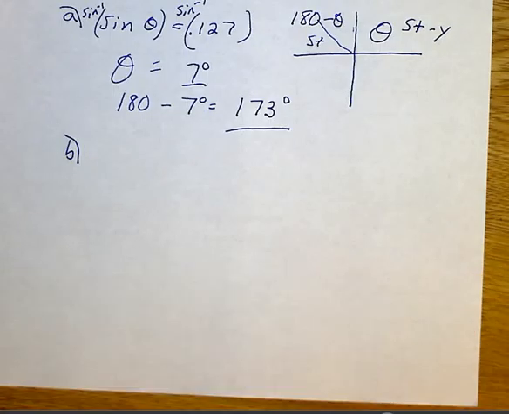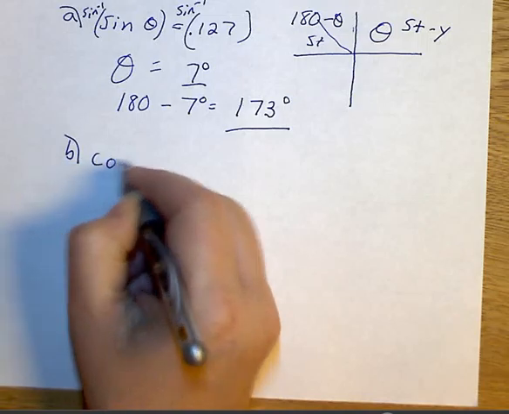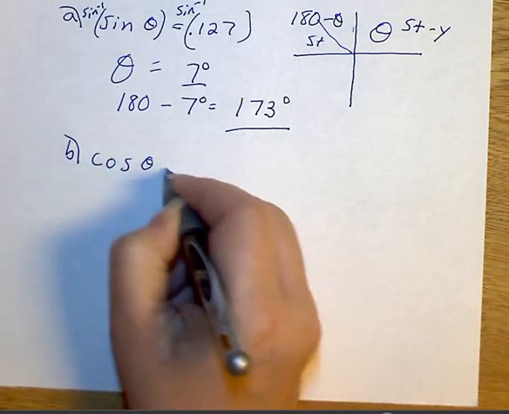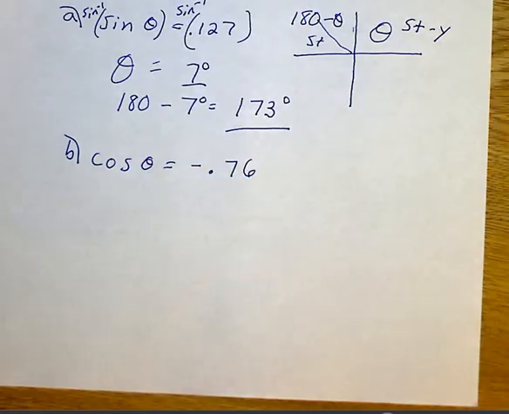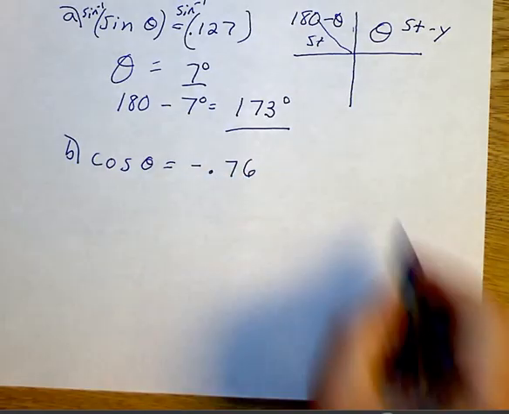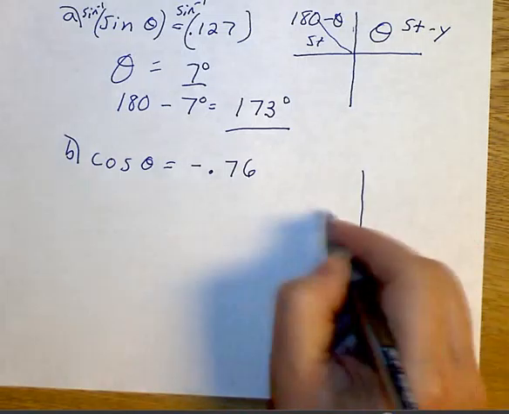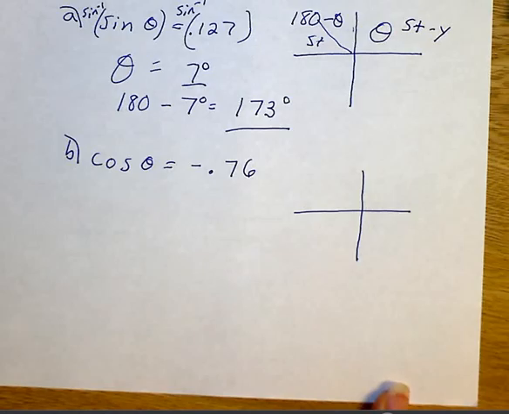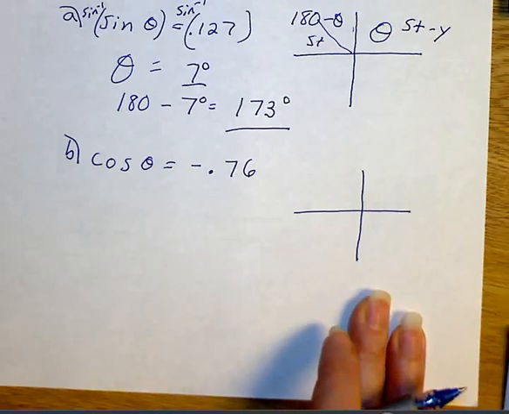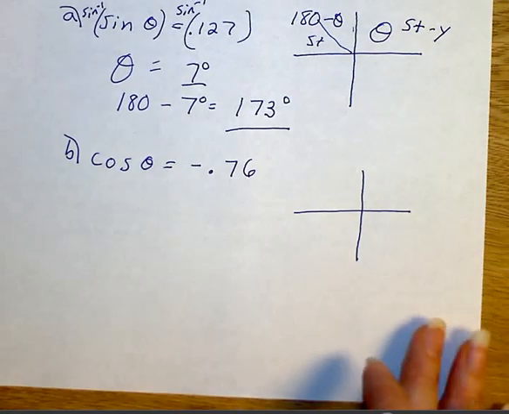Now we have B. B is cosine of theta is equal to a negative 0.76. The first thing you have to think about is that you always have to find theta in what quadrant?